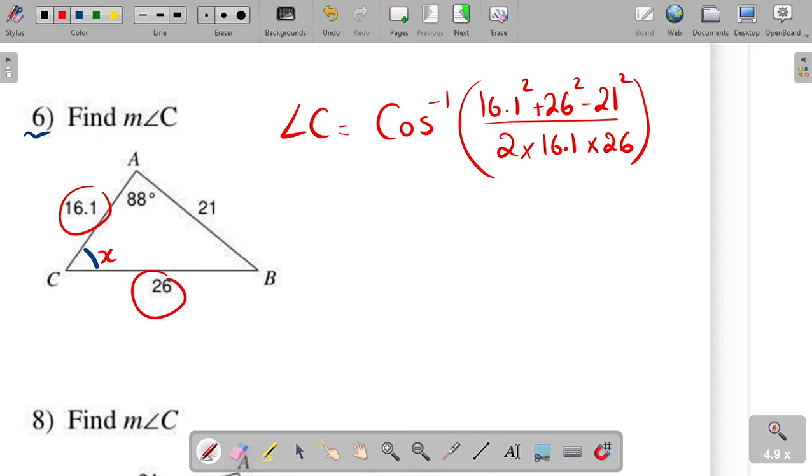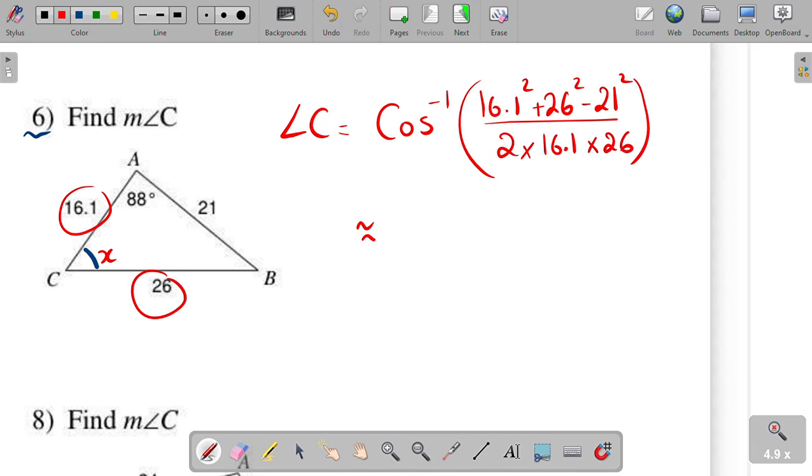Using my calculator, I say shift cosine, then open a bracket, 16.1 power 2 plus 26 power 2 minus 21 power 2 over 2 times 16.1 times 26.